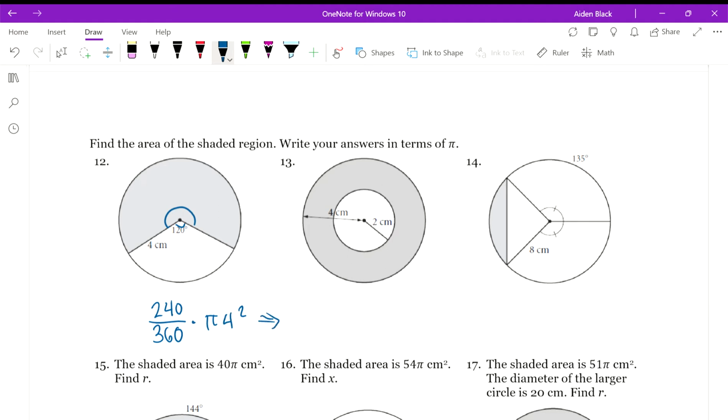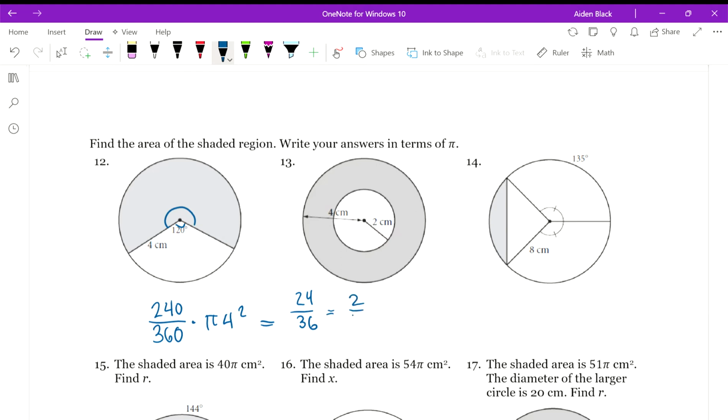So I'll work from left to right. We'll reduce this. Actually, I could just use the equal sign. 240 over 360 reduces to 24/36, which if you divide the top and bottom by 12, you end up with 2/3.